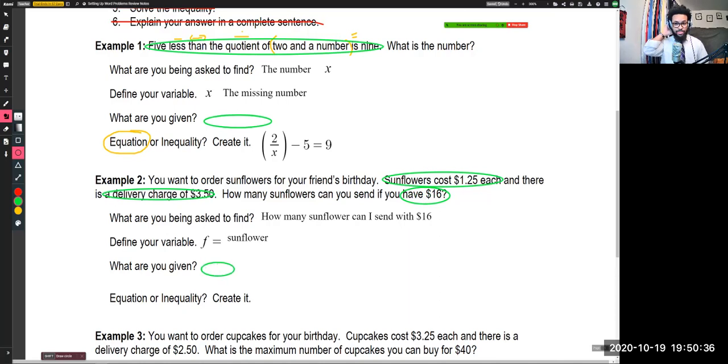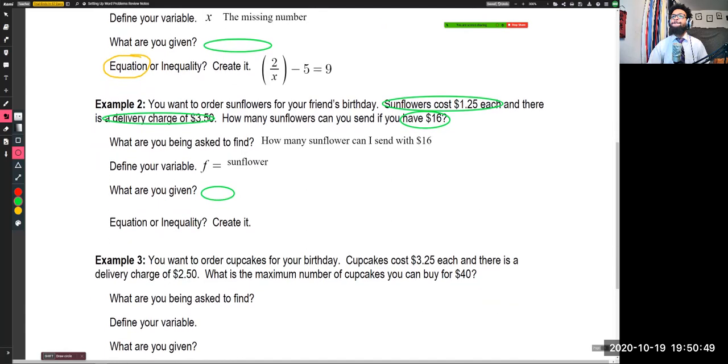All right. So now we're going to determine, is this an equation or an inequality? How many sunflowers can we send if we have $16?